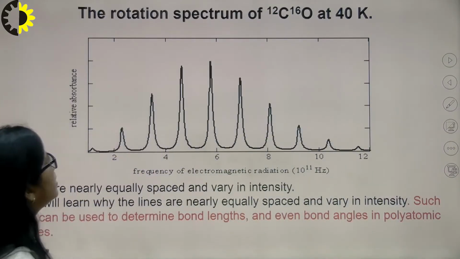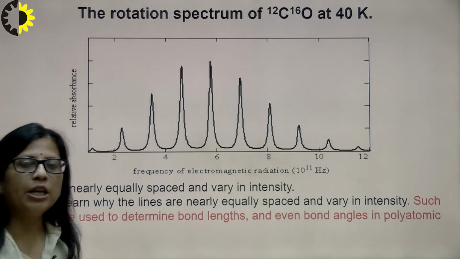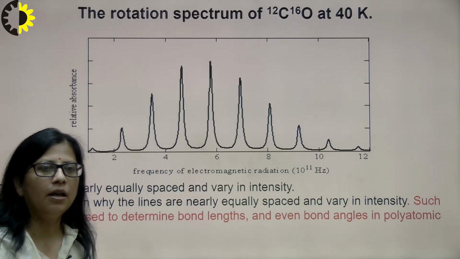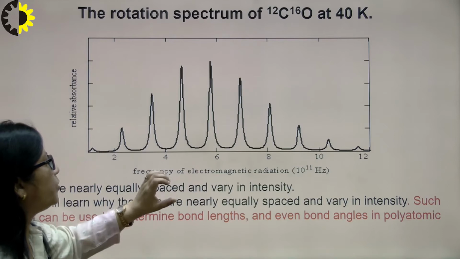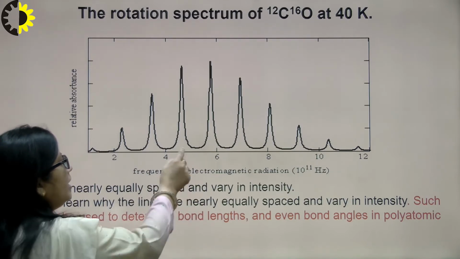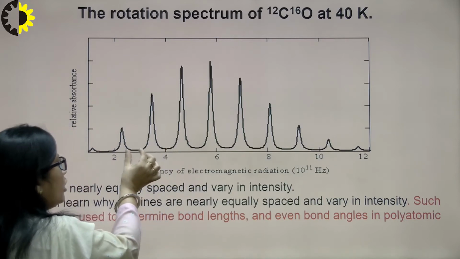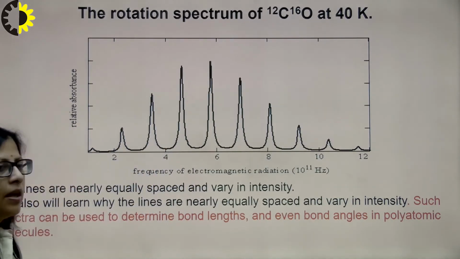Now, here I am showing the rotational spectrum of CO at 40 Kelvin. In this rotational spectrum, you can see that the lines which we are observing are equally spaced, right?